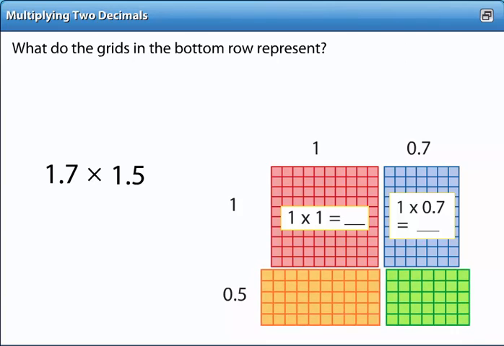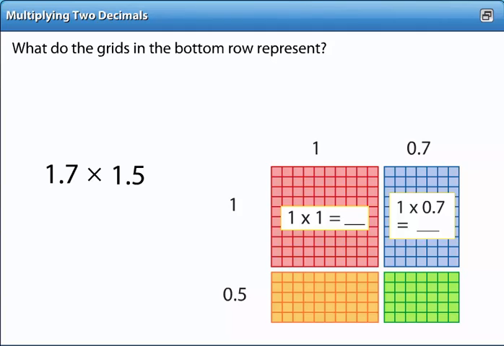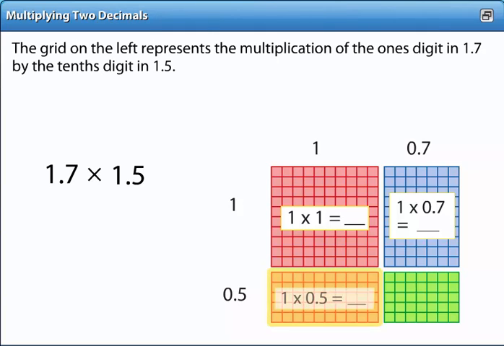What do the grids in the bottom row represent? The grid on the left represents the multiplication of the ones digit in 1 7/10 by the tenths digit in 1 5/10.